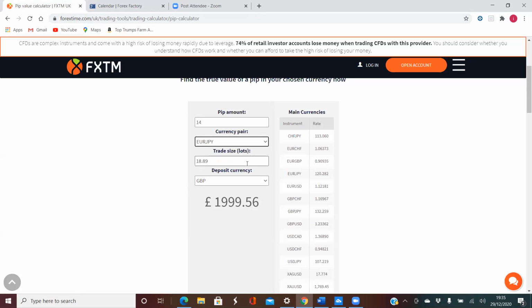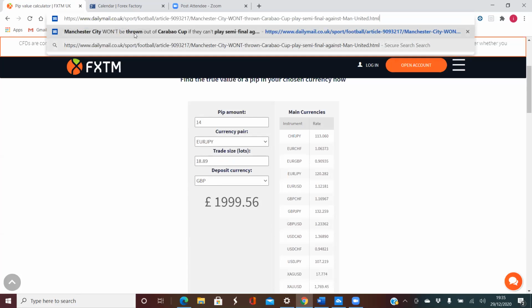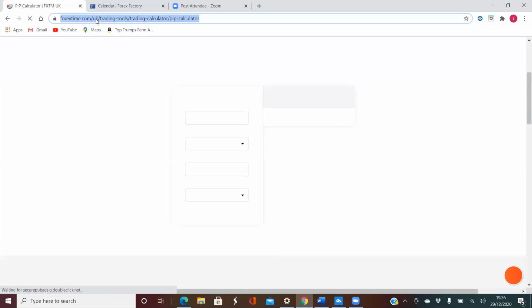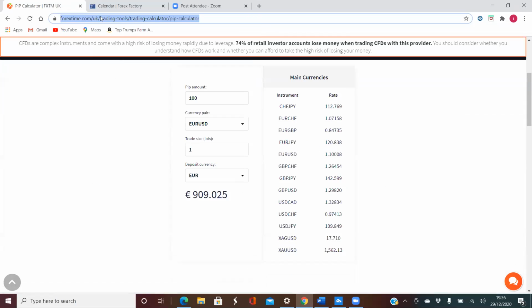Lisa, can you put this link in the group, please? Thank you. Oh, whoops, I've done something. This looks like a very good one. Very straightforward. Has anybody got one for indices? I can't find one.